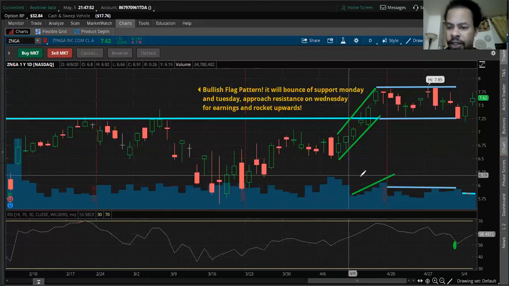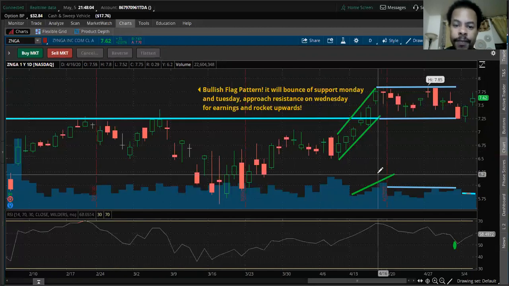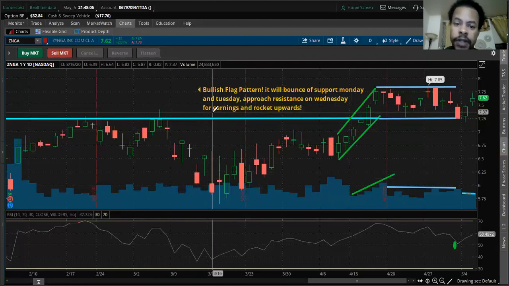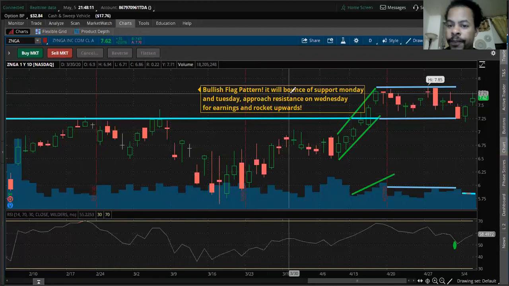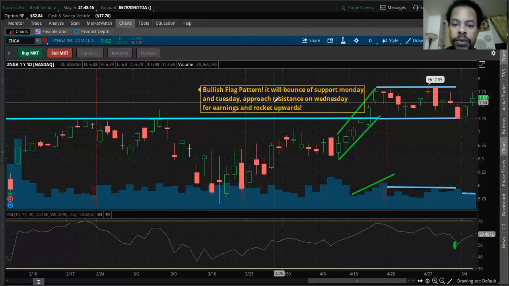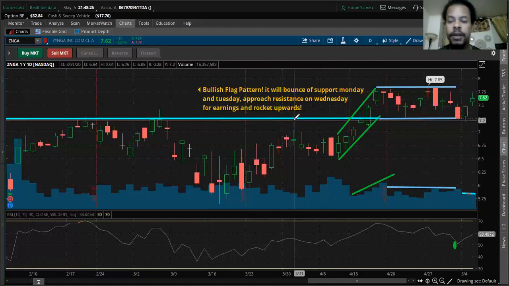So I actually did this chart 2 days ago, and now I'm just checking if my prediction was accurate. This is what I said 2 days ago: that I saw a bullish flag pattern forming, and that on Monday it's going to bounce off support, and Tuesday and Wednesday it's going to approach resistance, and on Wednesday after earnings it's going to skyrocket.